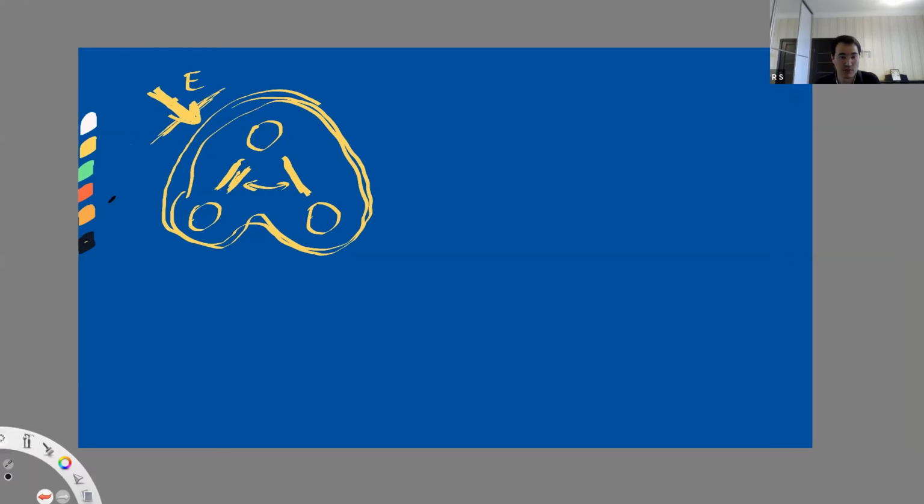And whenever we stop this supply of energy, this molecule tries to decay, and it usually becomes O2 plus 1 free radical of oxygen.